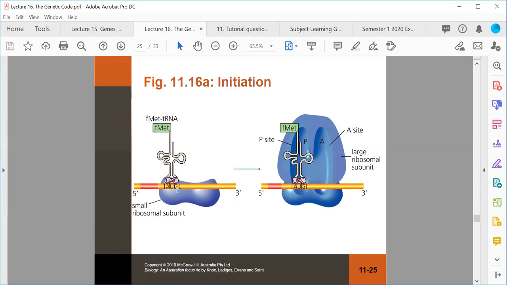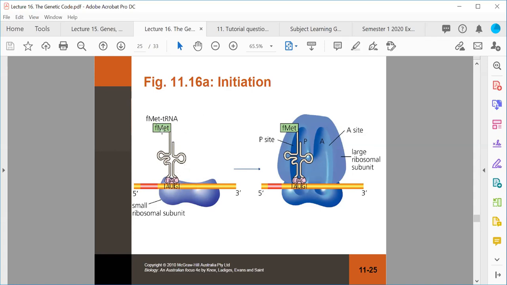Here we have the first codon, AUG, and we have the first transfer RNA molecule with its complementary anticodon. UAC is complementary to AUG. And because it's complementary, it means that this transfer RNA molecule can actually bind to the messenger RNA.